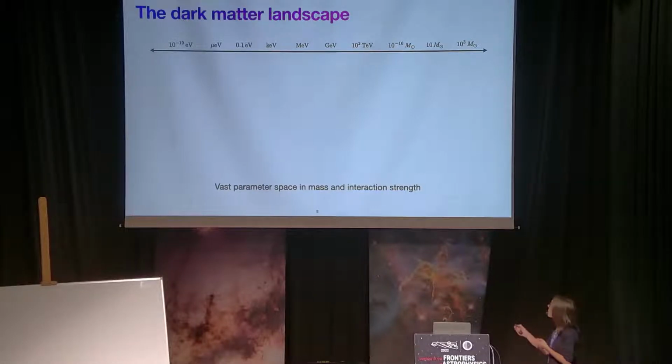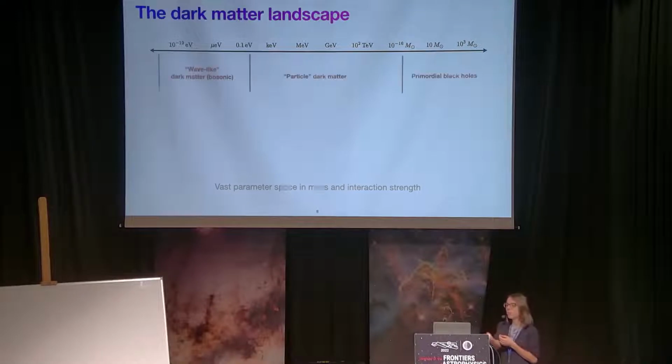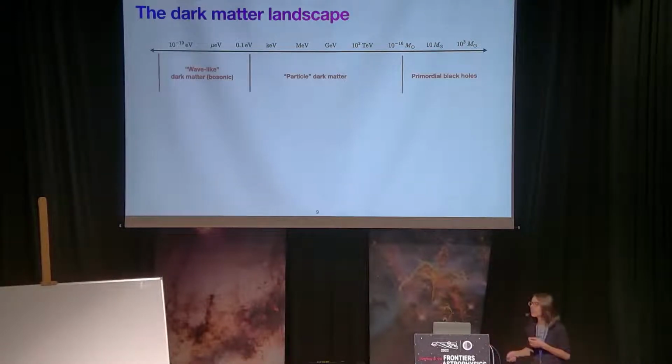So we have a vast parameter space in mass and interaction strength. Tracy talked about most of the candidates, but here I just recap that you have a regime where dark matter particles mostly behave like waves, and from a pheno point of view, you can leverage these wave-like phenomena.